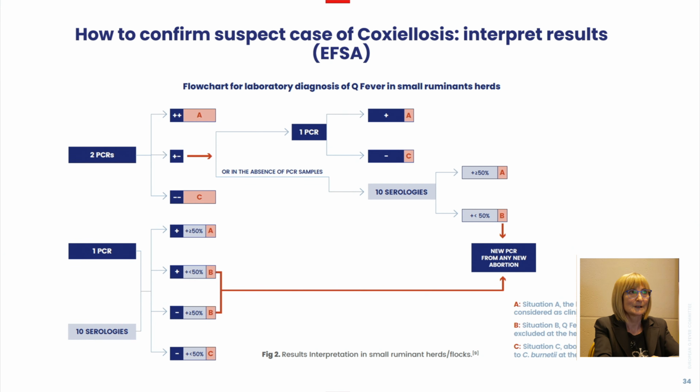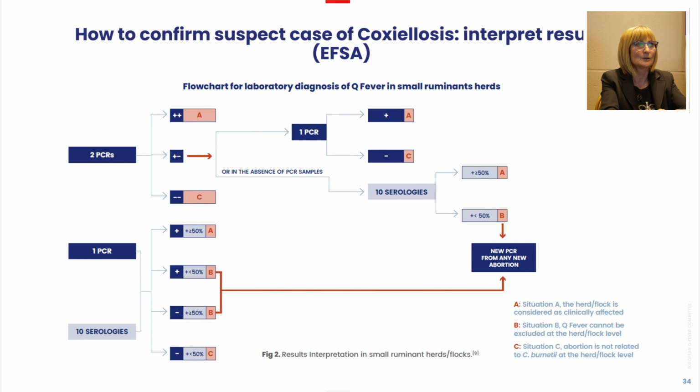Finally, how to interpret results. We can follow this simple scheme given by EFSA, and we can start from 2 or more PCR. If all the PCR are positive, we have already confirmed the diagnosis. In case we have 1 positive PCR and 1 negative, we have to follow further investigation.